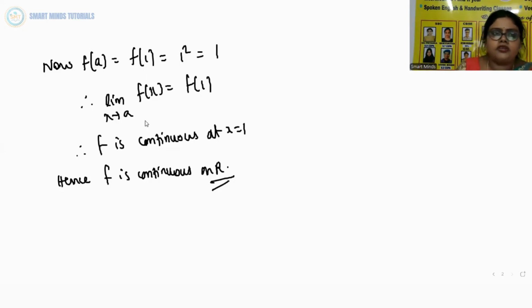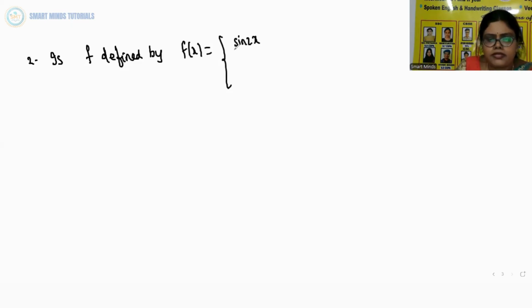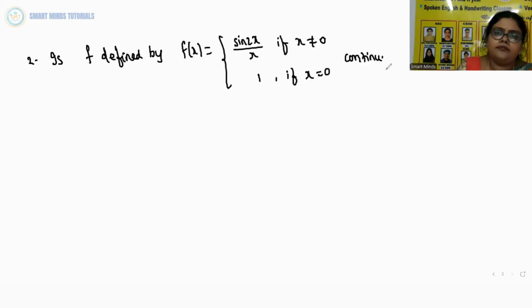Take the next question. This is also very important. Is f defined by f of x equals sine 2x by x if x not equal to 0 and 1 if x is equal to 0, continuous on 0?